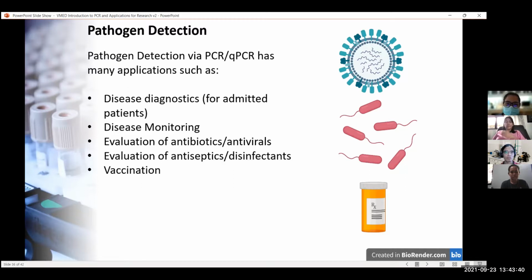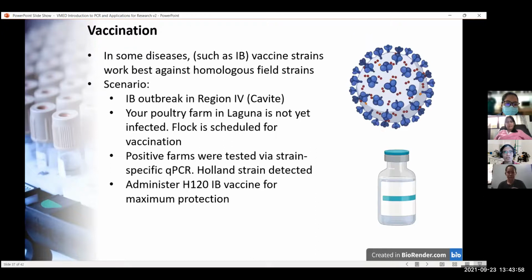Okay. So next would be evaluation of antiseptics or disinfectants. If you want to know whether or not you have killed the bacteria or the virus, then you can also use PCR. And also for vaccine evaluation, you can also do PCR.